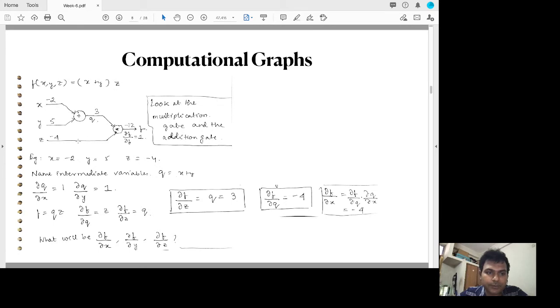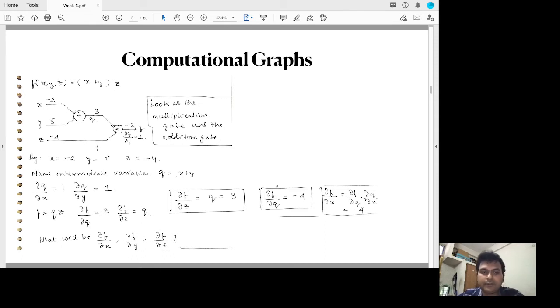You have calculated everything correctly. Now just see what is coming out. ∂f/∂z, the change in the value of the variable z, turns out to be 3, which is the value of the other variable with which it was multiplied. And ∂f/∂q turns out to be the value of z with which it was multiplied.